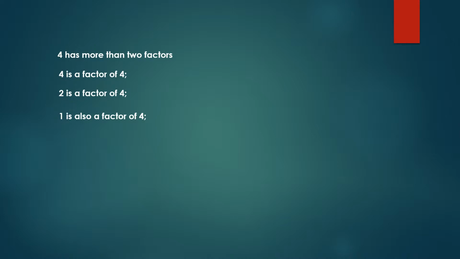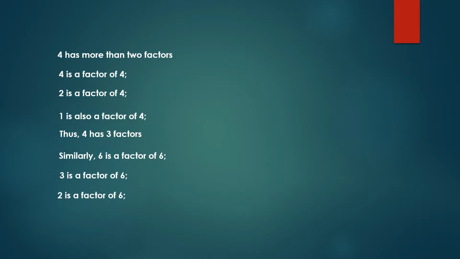That means 4 has 3 factors. Similarly, 6 is a factor of 6, 3 is a factor of 6, 2 is a factor of 6, 1 is a factor of 6. 6 has 4 factors, hence 6 is also a composite number.